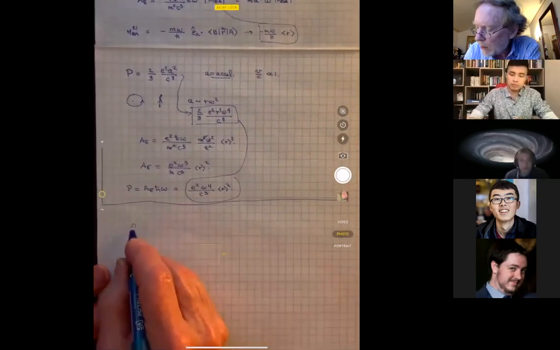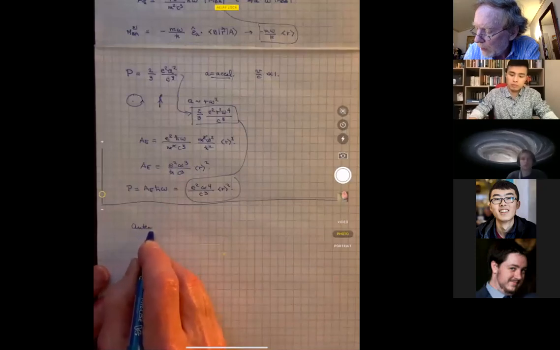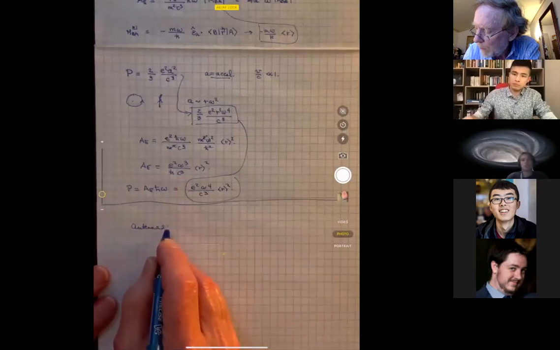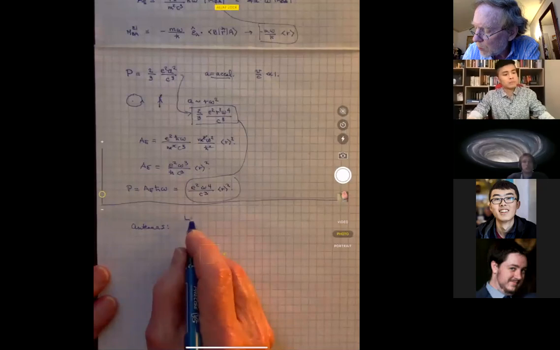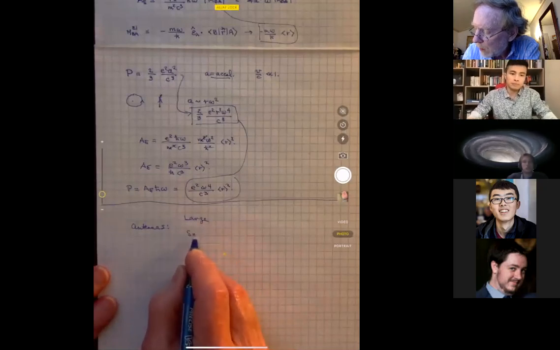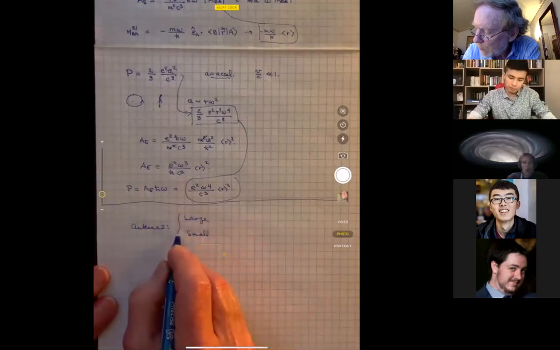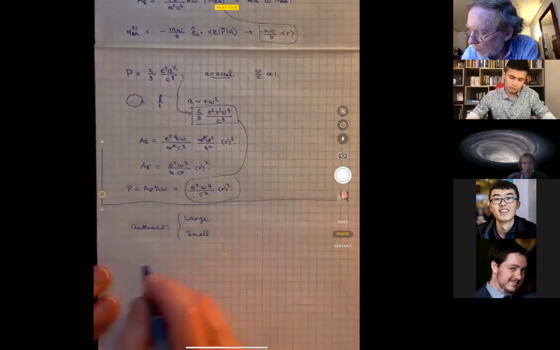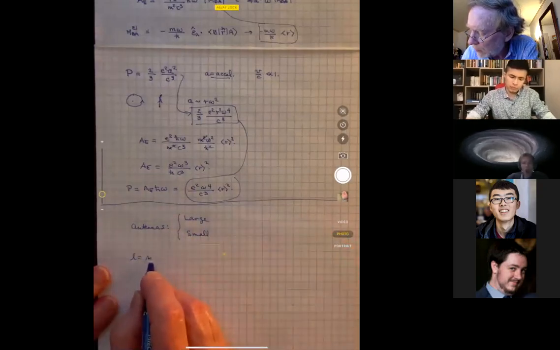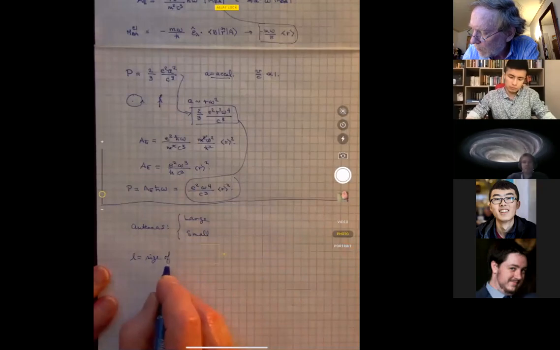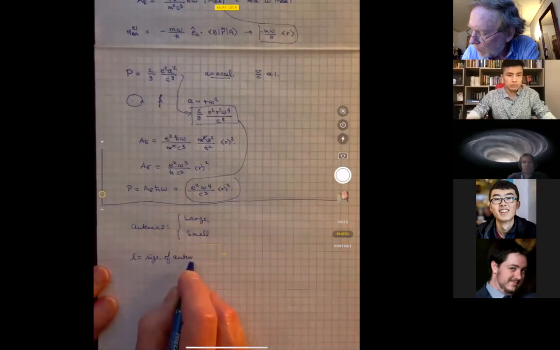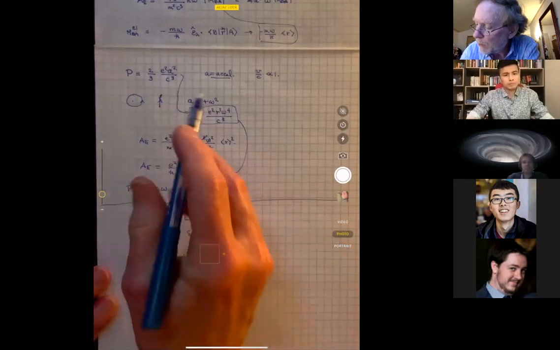Now here's something else I want to tell you about basic antenna theory. There are two kinds of antennas: the large ones and the small ones. Let L equal the size of the antenna. I won't use r for it because I'm using it up here for other things.